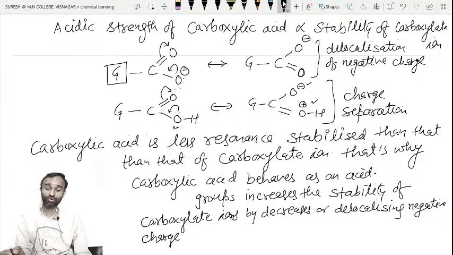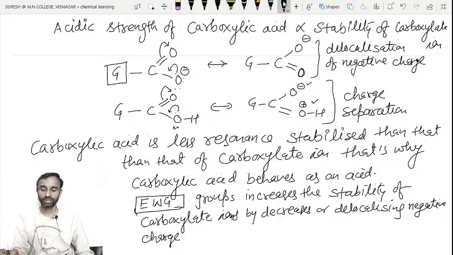Ashish, beta, electron withdrawing groups. Electron withdrawing groups decrease the negative charge, because they withdraw electron density from the carboxylate ion.